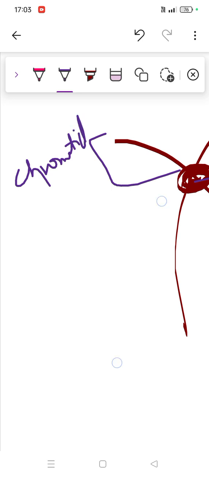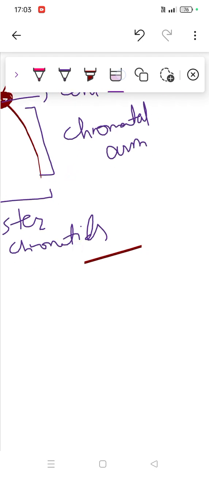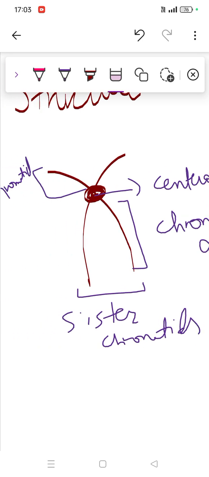These two are called sister chromatids. I hope the structure is very clear. The basic structure is this one.